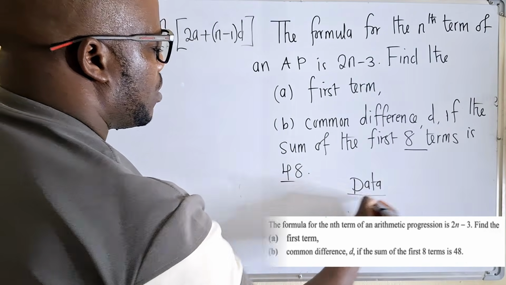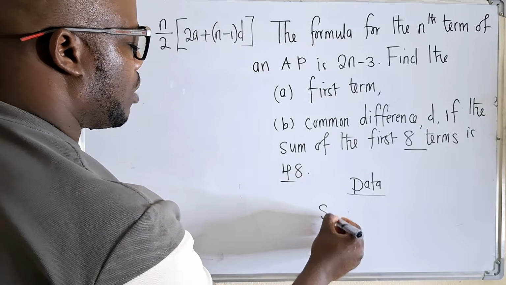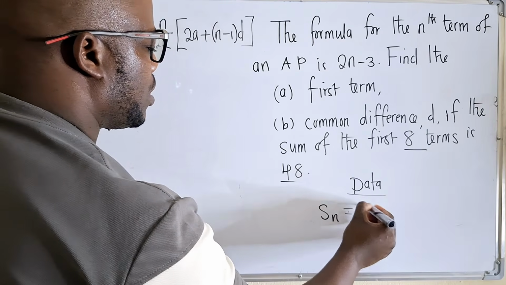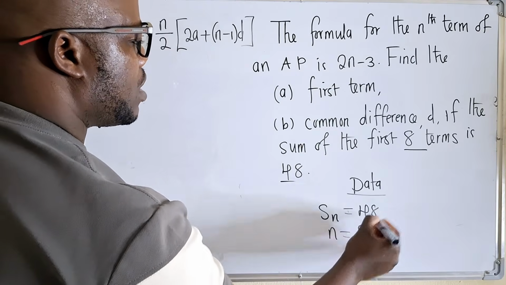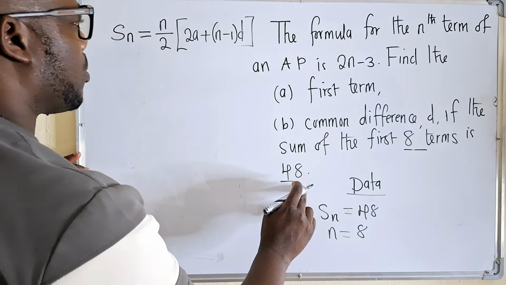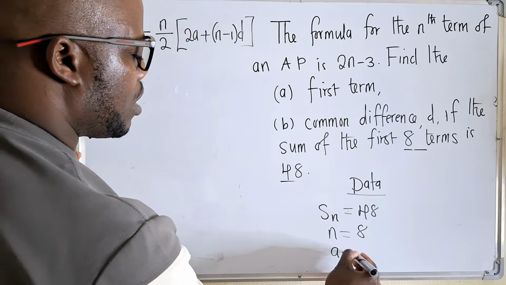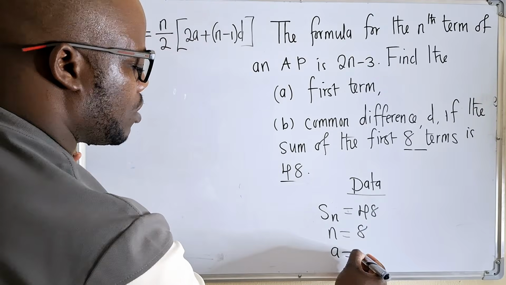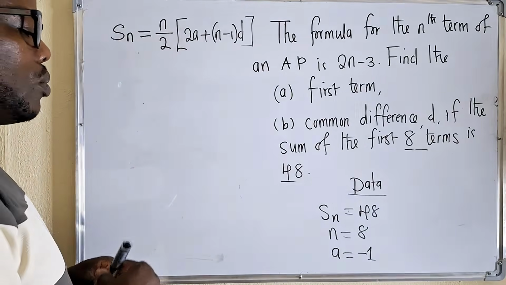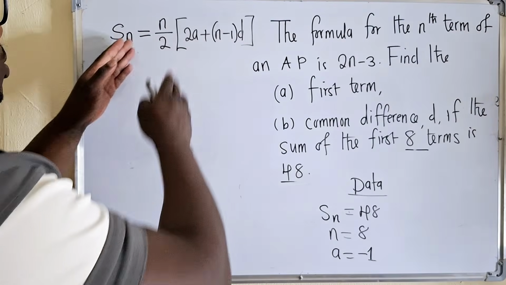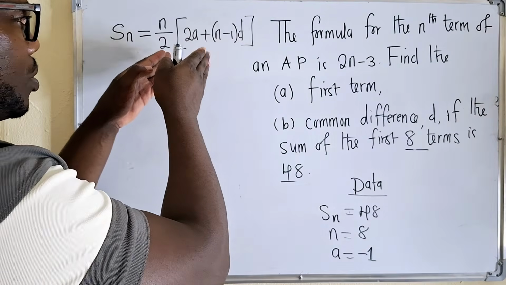Okay. So our sum is 48. Our N is 8. It's coming from here and here. Our A, in our previous question, we found the first term to be equal to negative 1, which is A. So we found everything that we need to use.